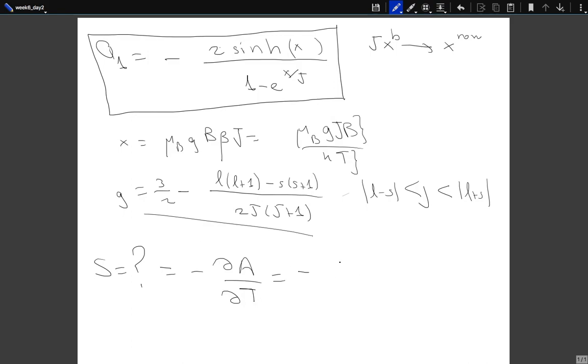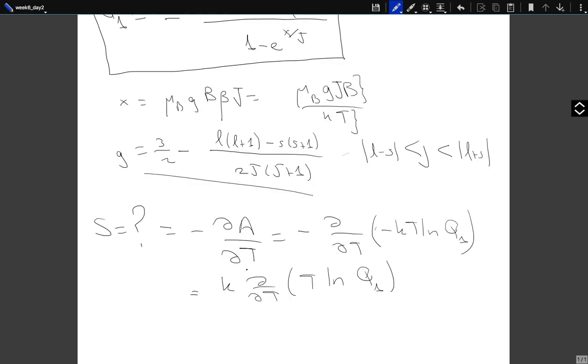So this is minus the derivative with respect to the temperature; remember, A was minus kT logarithm of q1. So this is k times the derivative with respect to temperature of T times the logarithm of q1. Let's take the derivative.